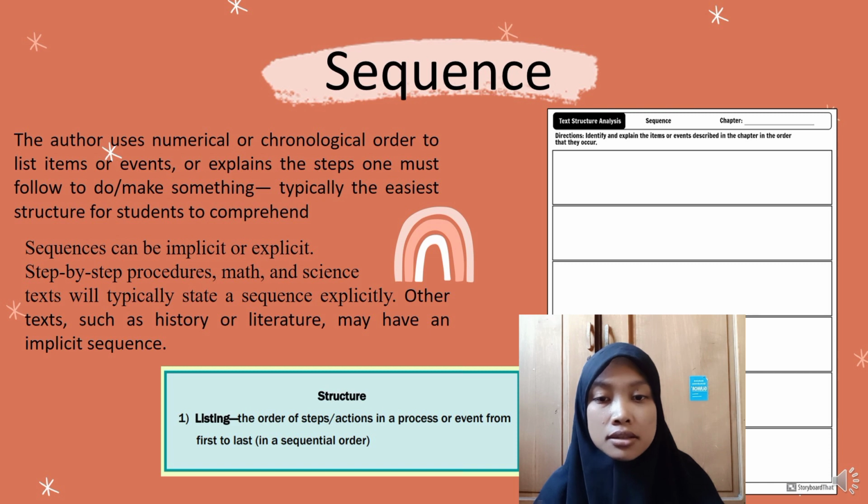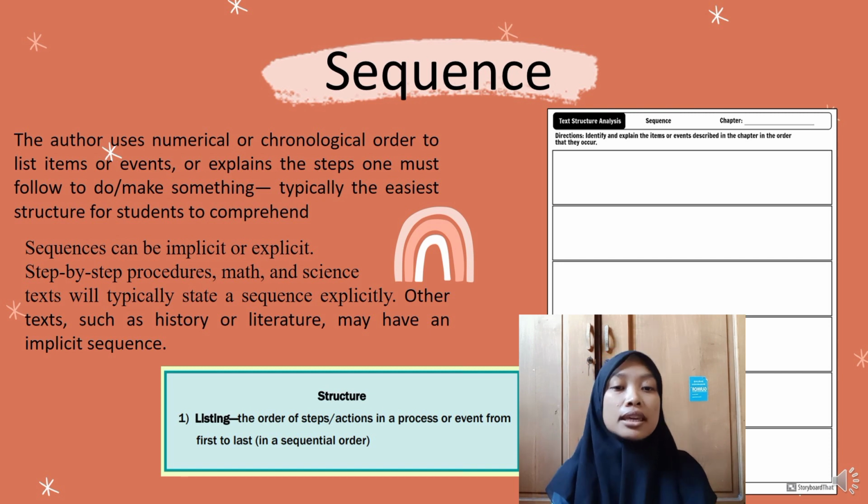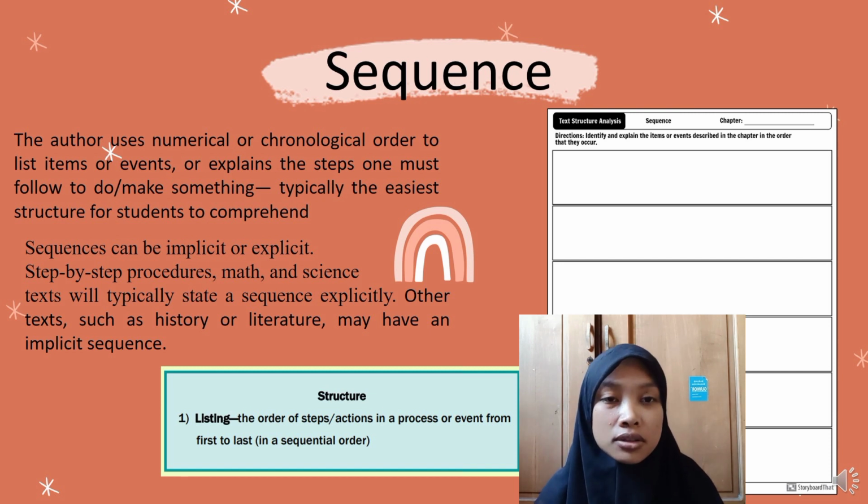Math and science texts will typically state a sequence explicitly, and other texts such as history or literature may have an implicit sequence. So in this type, there is only one structure. It lists the order of text or actions in a process or events from first to last in a sequential order.